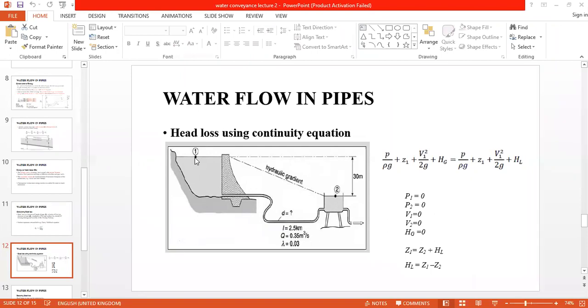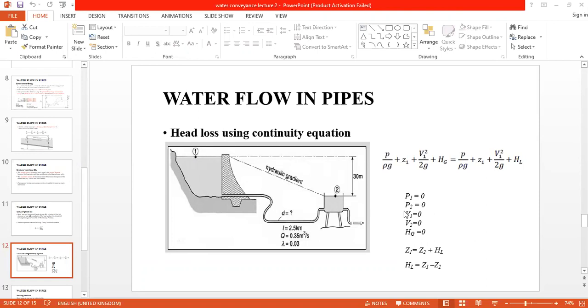But the potential energy will be equal now to the height of the water. So from a reference point, the energy here will be equal to the number of meters from here to where our reference is. For example, if our reference is here.